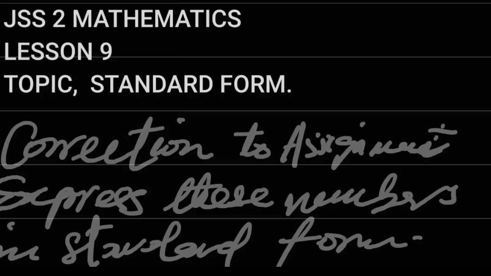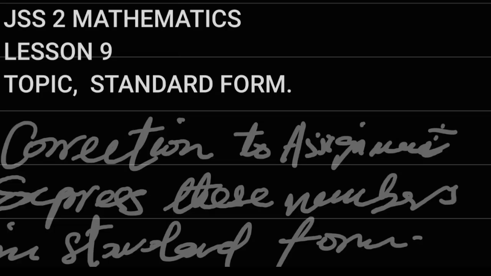And I've shown you how to move our decimal point. The first significant figure is one of the key things we watch out for. And I gave an assignment. So we just hope to do the assignment together here for a better understanding.